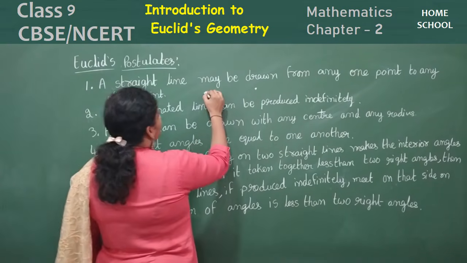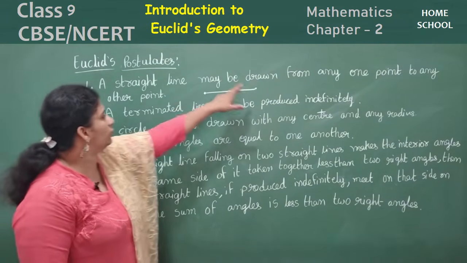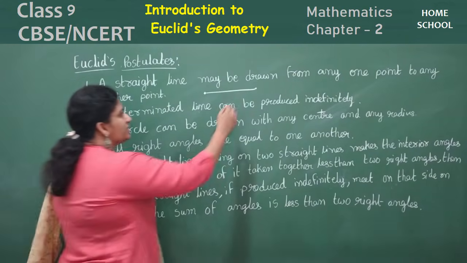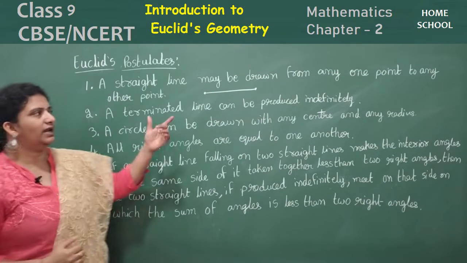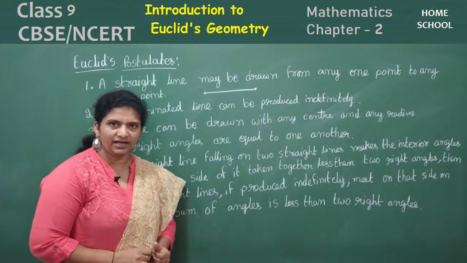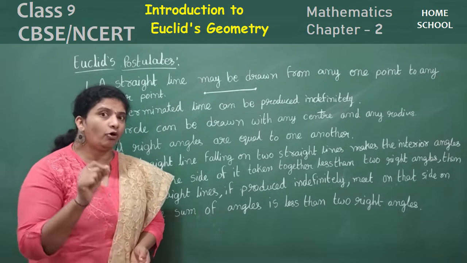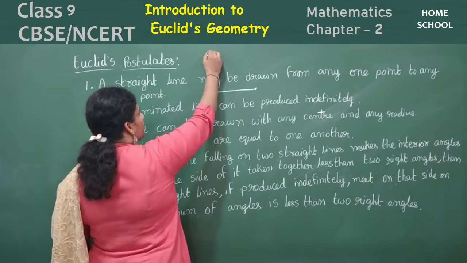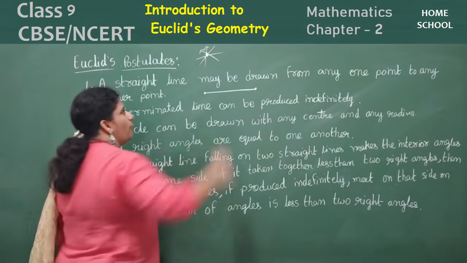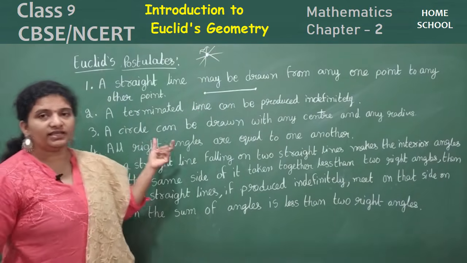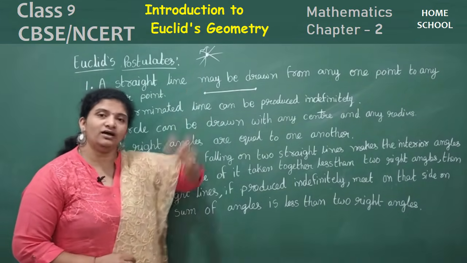So a line may be drawn from any one point to any other point. See here children, from this point to this point, we have joined a line segment, right? So, how many lines can you draw from a point, children? You can draw infinitely many lines from the point, right? So now what did they say? A line can be drawn from one point to any other point.